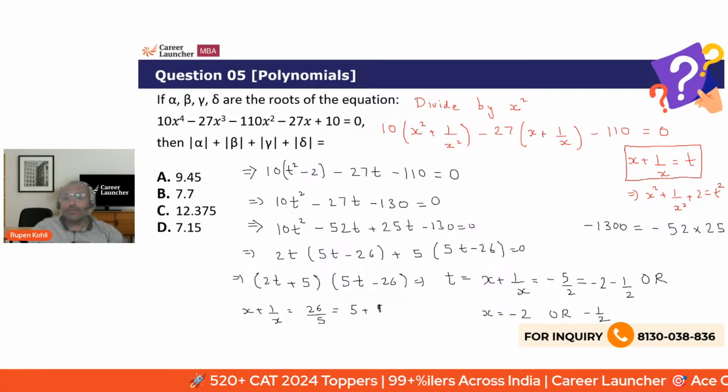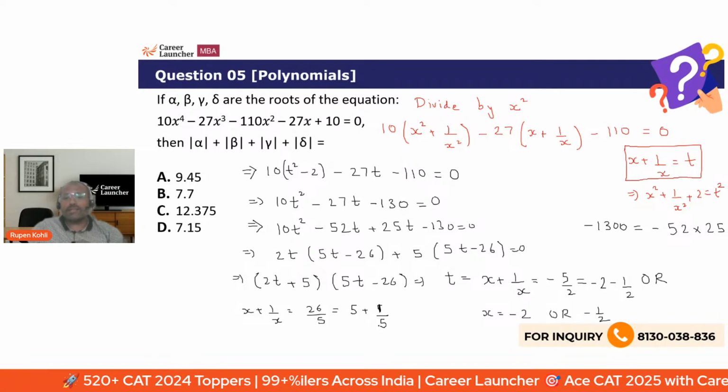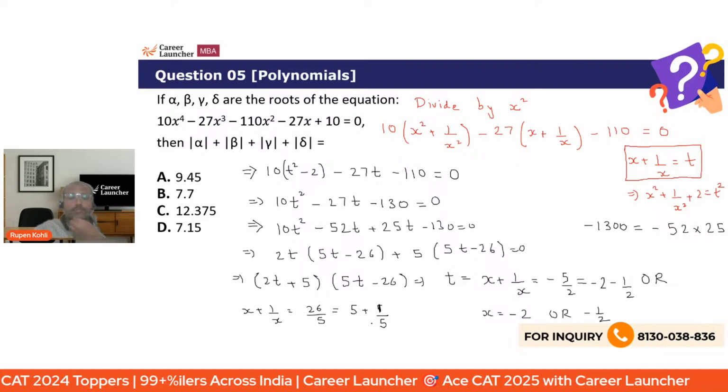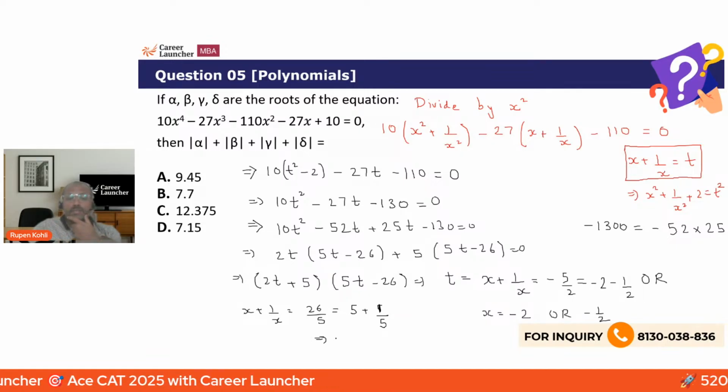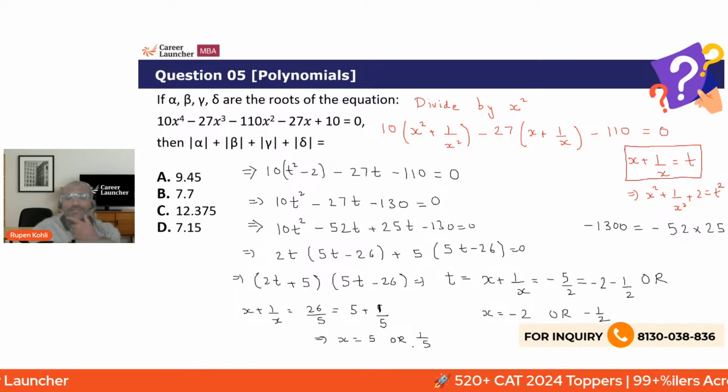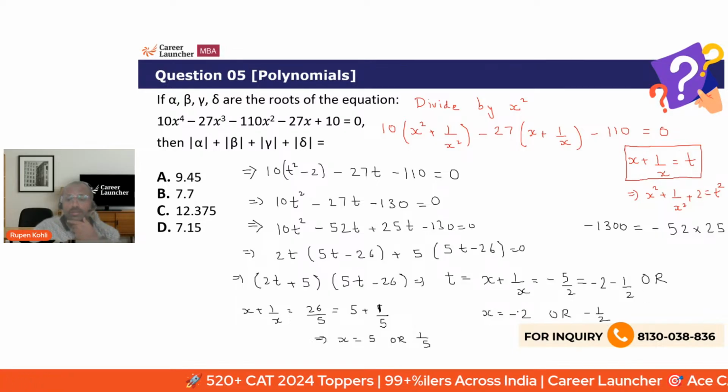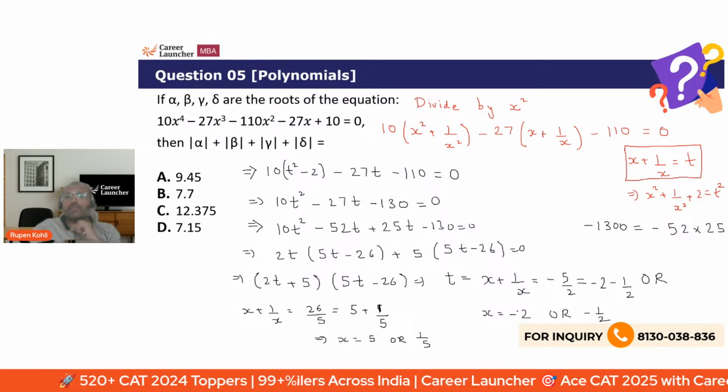So it has been also nicely put together, so that we can again understand that x plus 1 by x is 5 plus 1 by 5, which means that either x is 5 or 1 by 5. So there you go. Those are the four roots: minus 2, minus half, 5, 1 by 5.